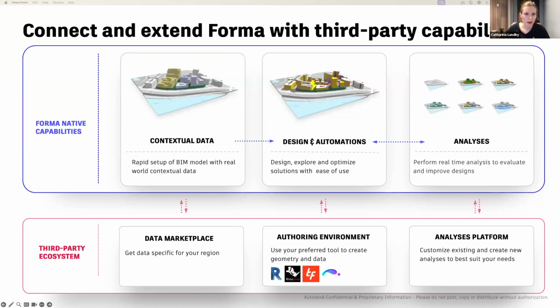So if we dive into what this means, we can look at contextual data first as one of the ways in which Forma can currently create value. We want it to be quick and easy to get into a 3D environment from day one, and therefore, when you set up a project in Forma, you're able to fetch a lot of relevant contextual data through Forma.